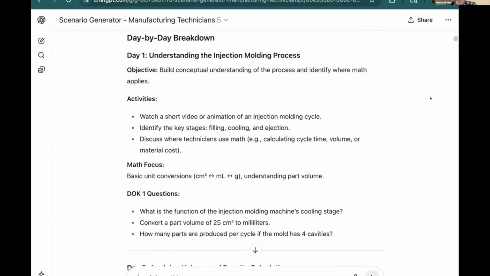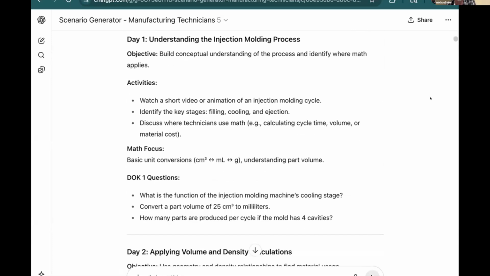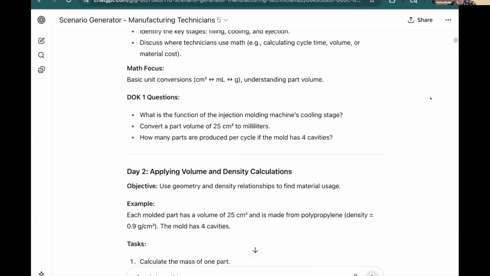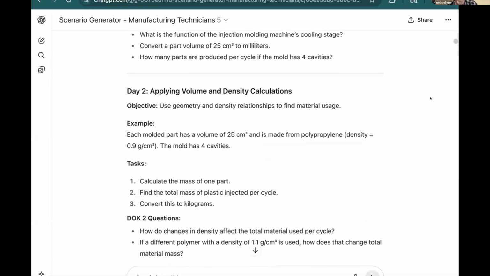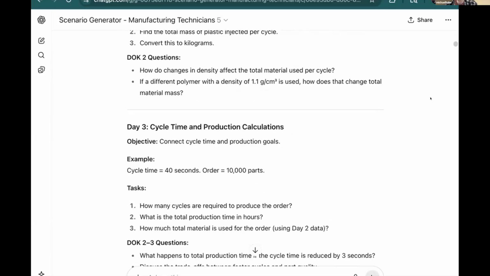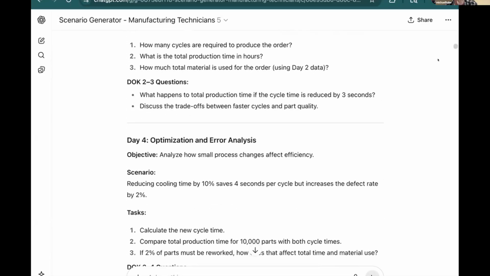Then it gave us a day-by-day breakdown of the objective, activity, and focus. We had asked for DOK questions, so the first day it gave us DOK 1, and then it moved along to DOK 2 as the students were learning. And it gave us the activities to do.